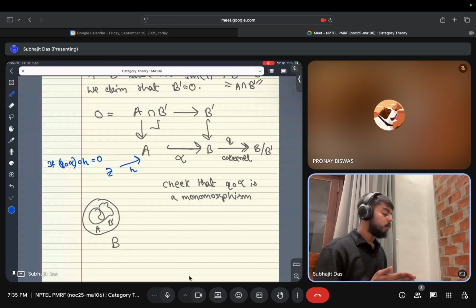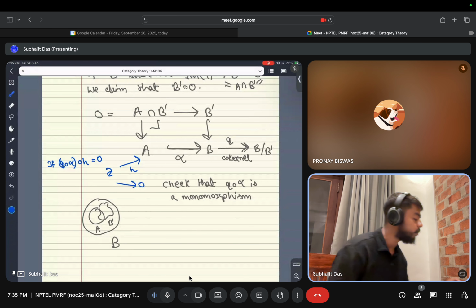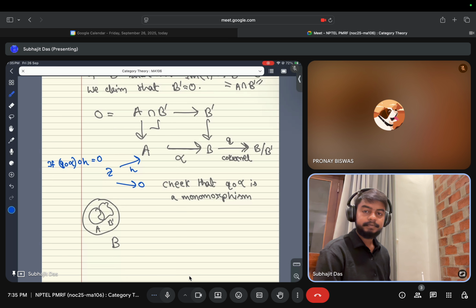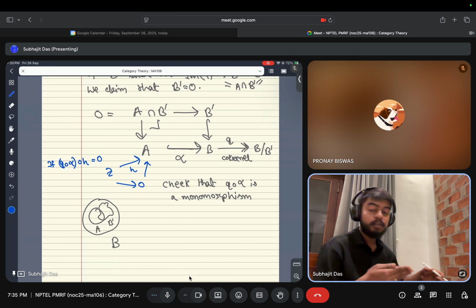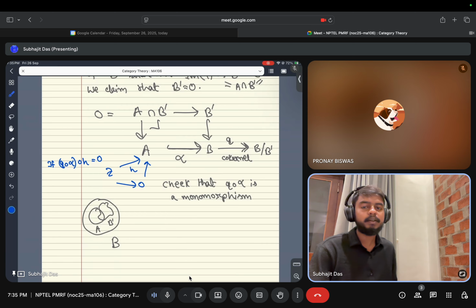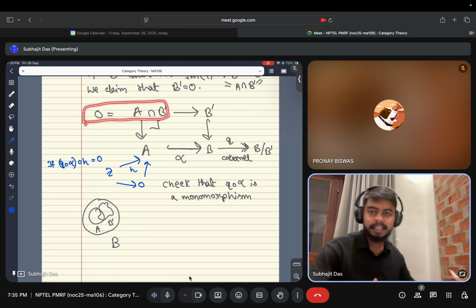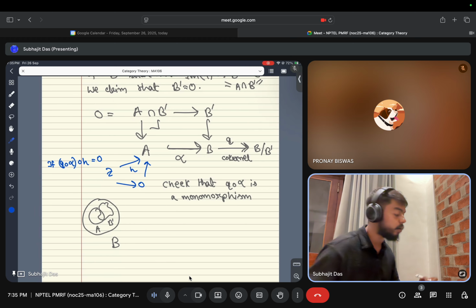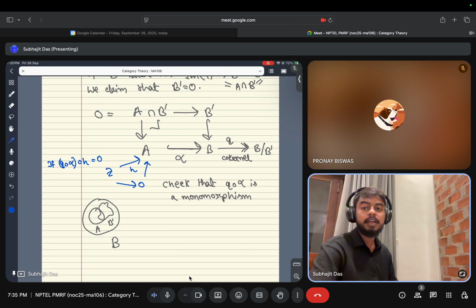So how do we show that H actually factors through this 0? To show that, we can use the fact that we haven't used yet. That just served as our intuition, but we want to use this fact that this intersection is 0. So we need to use the universal property of pullbacks.